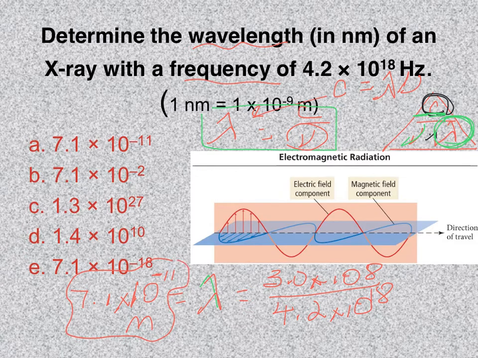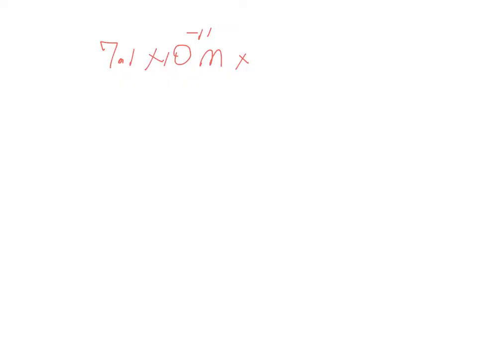Okay, so hopefully you notice, though, before jumping to pick A, that this problem asks for the wavelength in nanometers. So there's one more step. We have to convert from meters to nanometers. So if we have 7.1 times 10 to the minus 11 meters, we're going to do a conventional unit conversion.